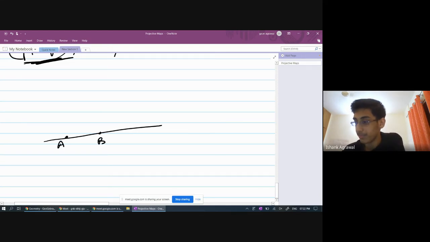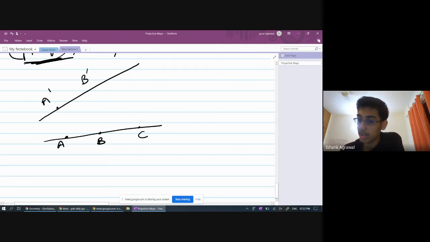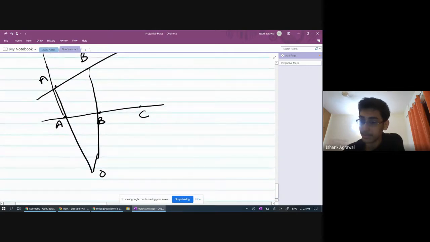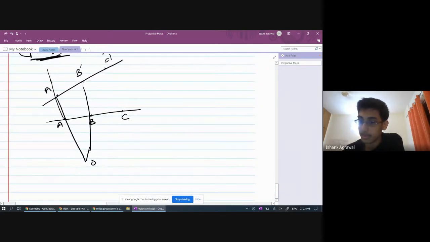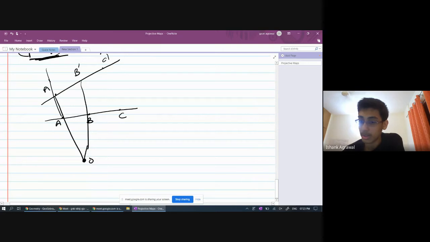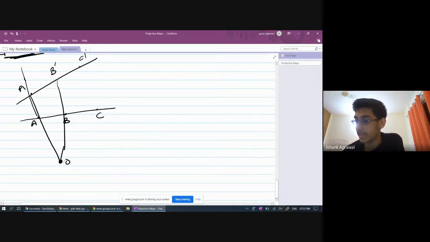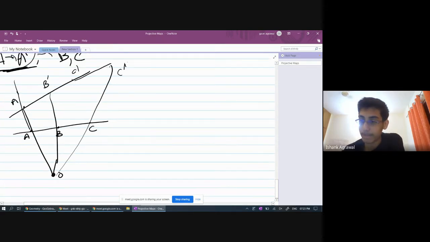So, O as the intersection of A dash and B dash. So if you take this, then C would go to C dash, right?